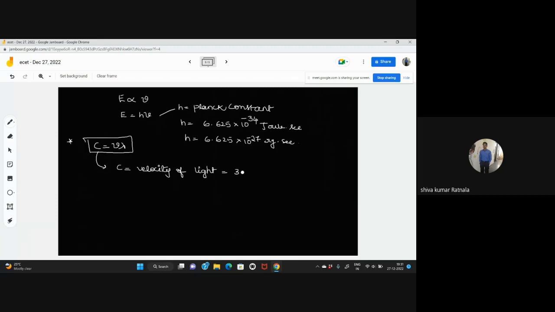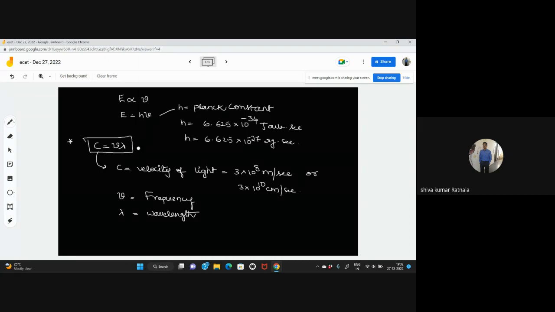That value is 3 into 10 to the power of 8 meters per second, or 3 into 10 to the power of 10 centimeters per second. Here nu is frequency and lambda is wavelength. Very good.